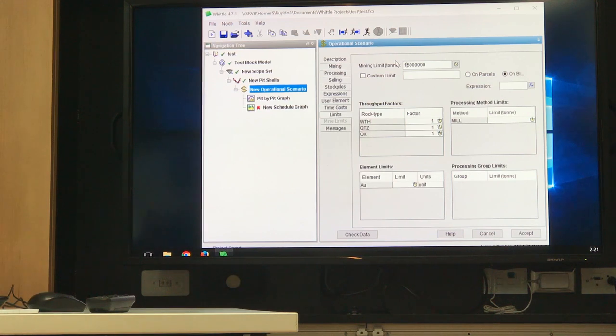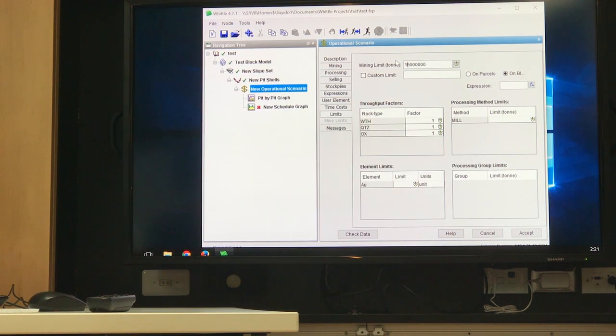Just at the beginning, you just go with, let's say, what's your resource and how much you want to produce in terms of the yearly production to get to a reasonable life of mine. You don't want a very long life of mine and very short life of mine. So you want to go with something reasonable.